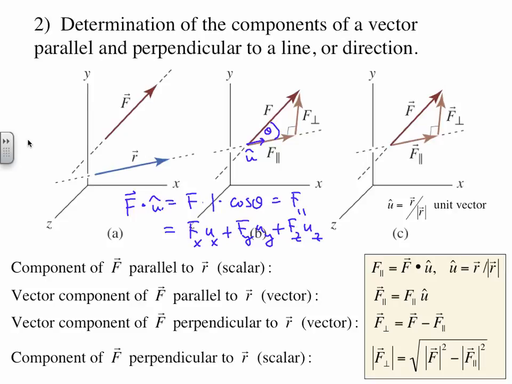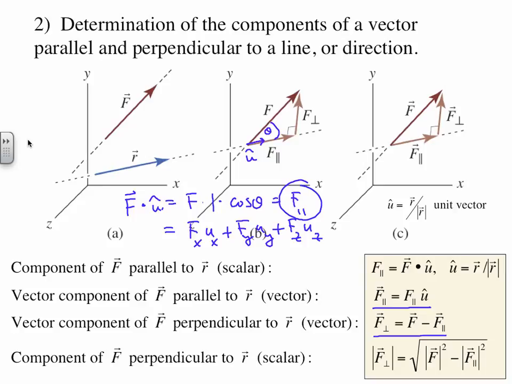This quantity f dot u is a scalar quantity that we will call f parallel, since it is parallel to a direction of interest. To make it a vector quantity, we place that scalar magnitude f parallel on the unit vector. The perpendicular vector component is then the difference between the original vector f and f parallel.